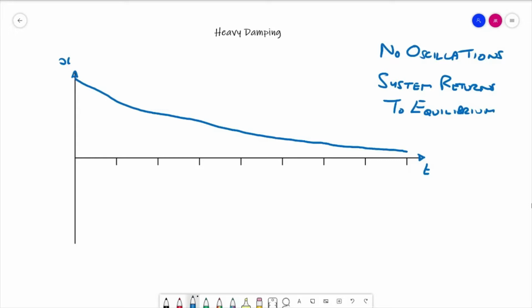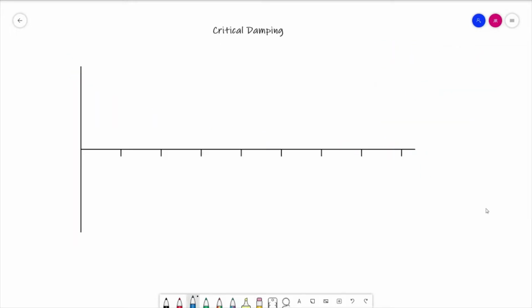It obviously will eventually, because if it's not in equilibrium, there are still forces acting on it, so it will still go back to equilibrium, but it will take a long time to do that. So we've looked at the two extremes there. We've looked at light damping, where we have very low damping forces acting, and we've looked at heavy damping, where we have very large forces acting.